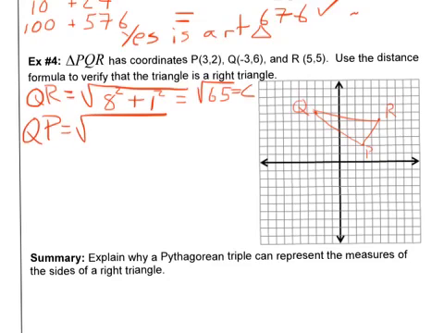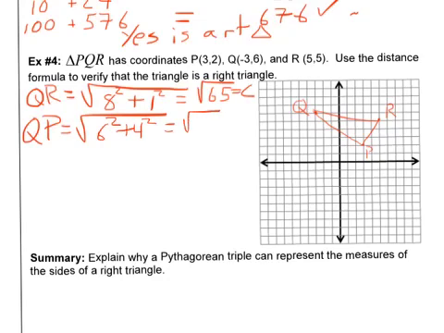I'm going to do the same thing that I did before, and I'm going to go 1, 2, 3, 4, sorry, counted too fast. 1, 2, 3, 4 down, and 6 over. So I would have gotten a 6 squared here for my x2 minus my x1, and I would have gotten a 4 squared here for my y2 minus my y1. 6 squared is 36, and 4 squared is 16.